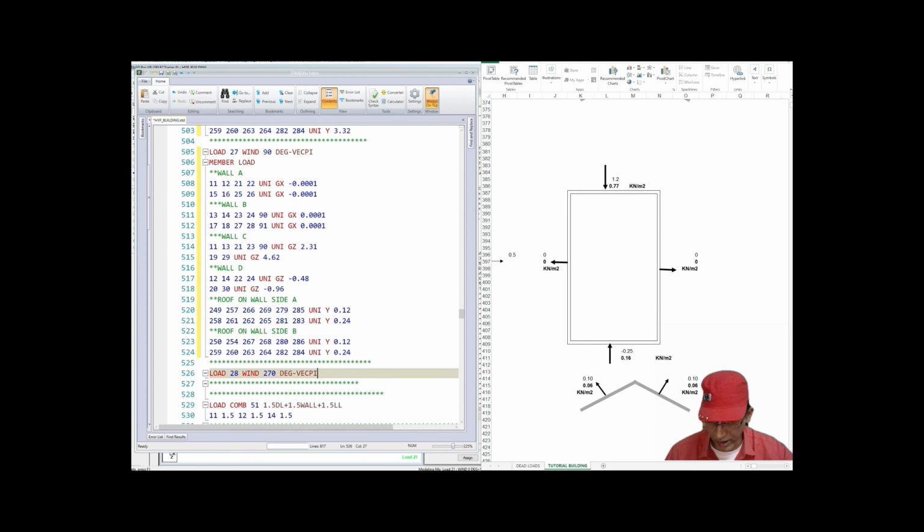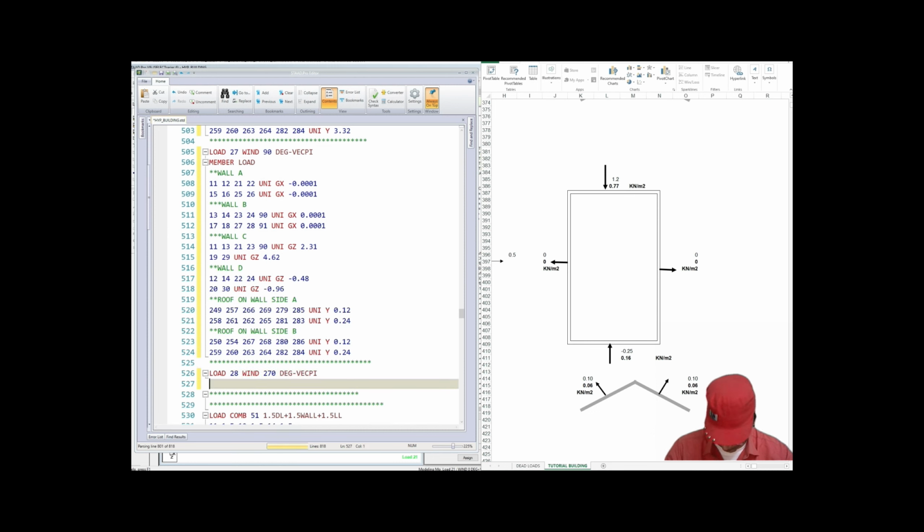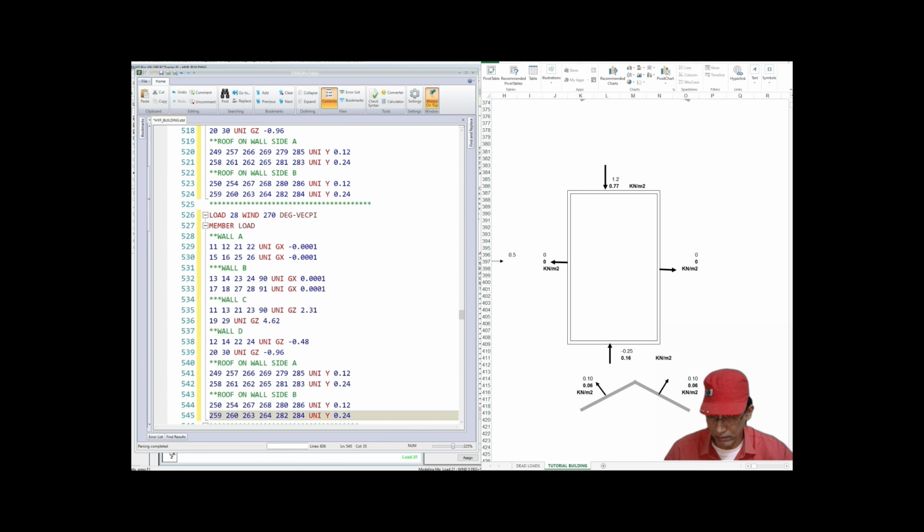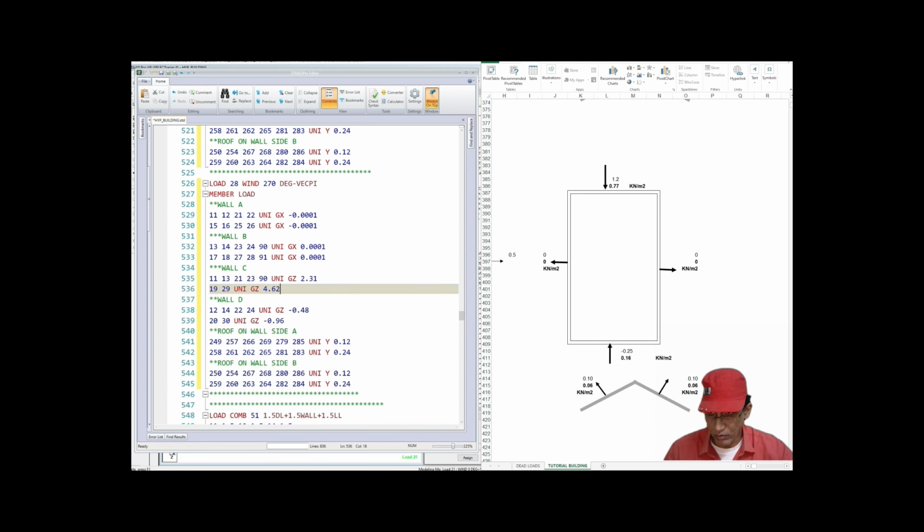Now load case 28, wind 270 degree, it will be opposite of wind 90, load case 27. Let us copy it, paste it below load number 28. So wall A and wall B remain the same. So this becomes 0.48 and minus 0.48 and 0.96.